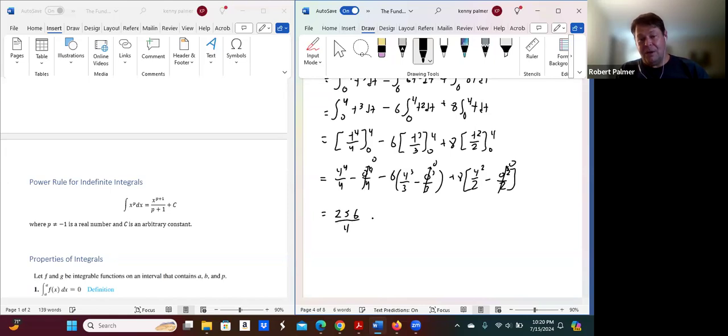Minus 6 times 4 cubed, and 4 cubed is 64, over 3. Okay. And plus 8 times 4 squared, of course, is 16 over 2. So this is still going to go pretty nicely. All right. So 256 divided by 4 is actually 64.